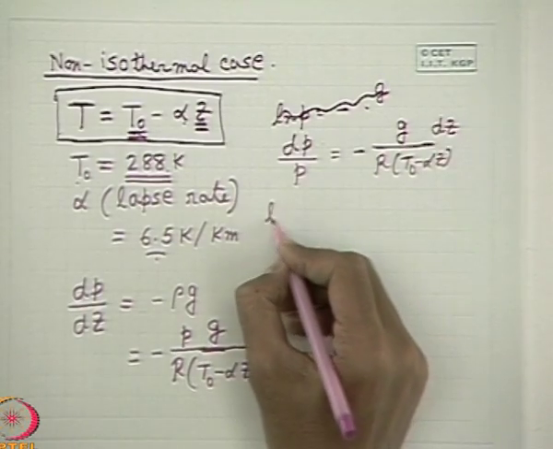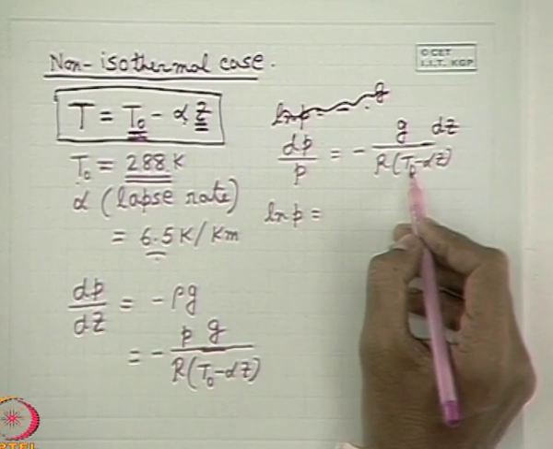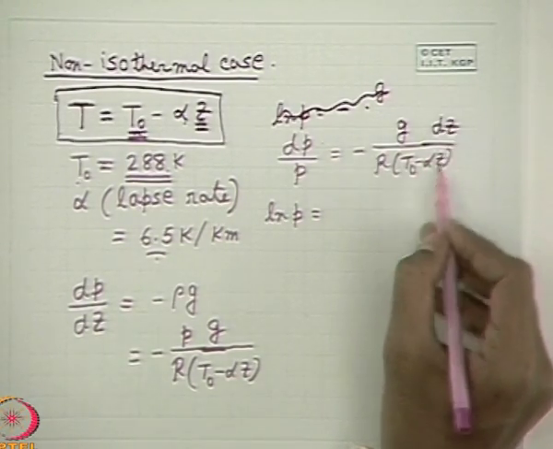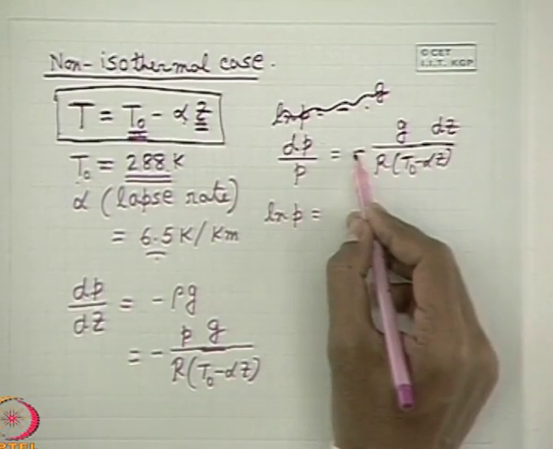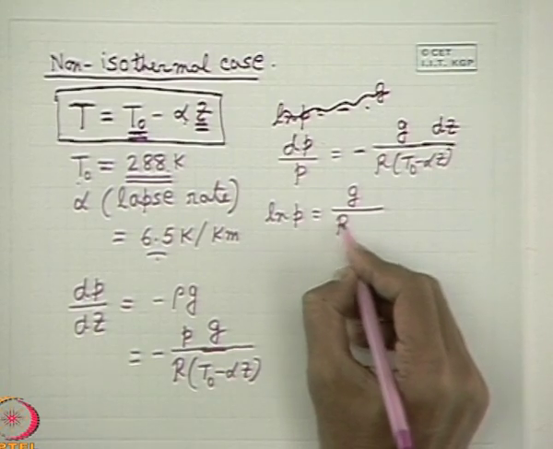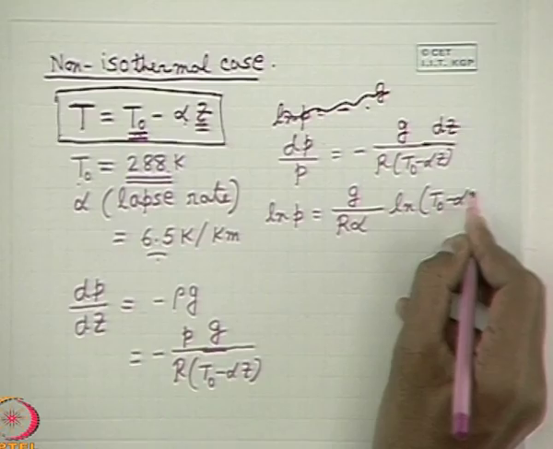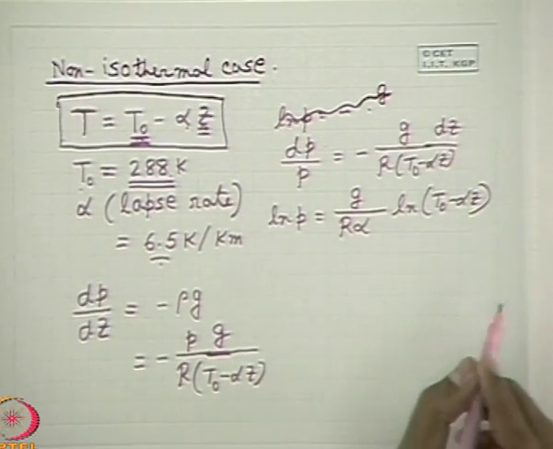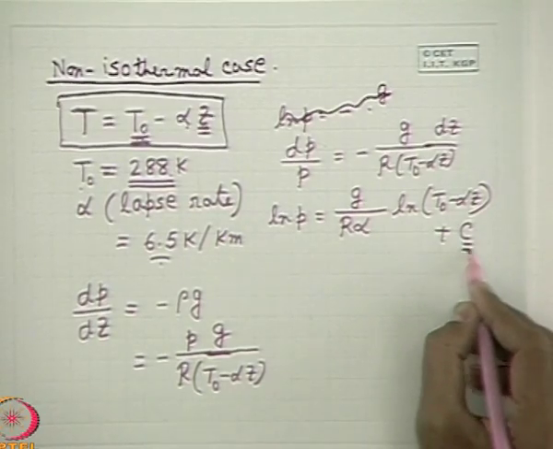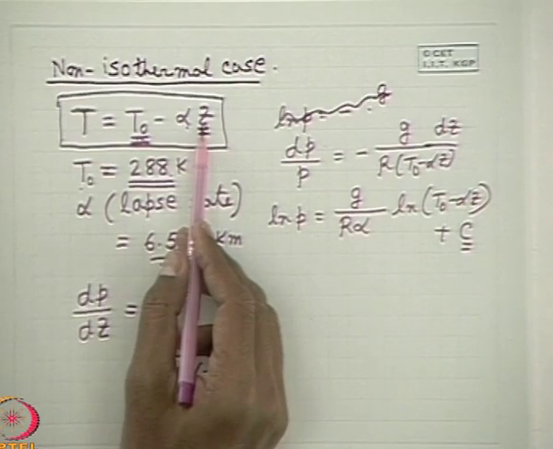If you integrate it, here it will be ln P, and on the other side ln (T0 minus alpha z) with respect to dz, and minus alpha, so minus minus plus, and alpha will come as a coefficient in the denominator, the usual rule of integration, and simply T0 minus alpha z as the whole argument of ln. So this will induce a constant C, and this constant you can very well determine as you say that T0 is the temperature when z is equal to 0.